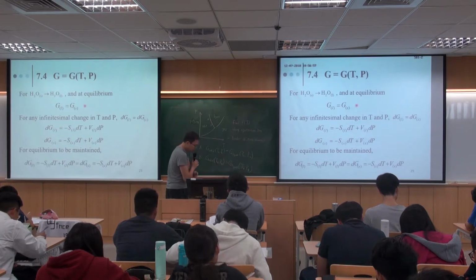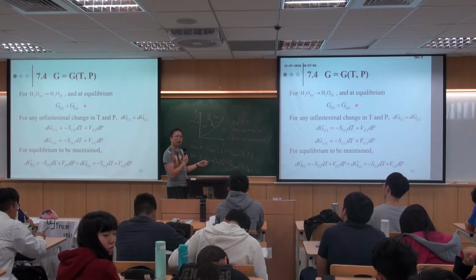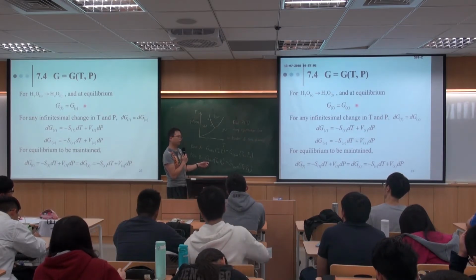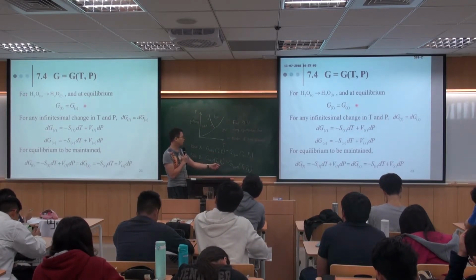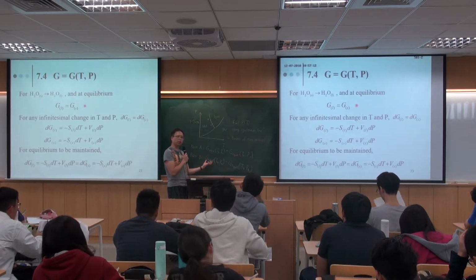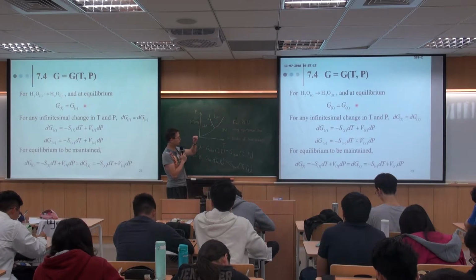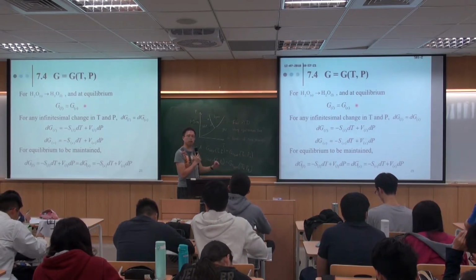But that does not necessarily mean that these two should be the same, right? And we know that it should be different because we already changed the temperature and pressure to a different value. So the Gibbs free energy of that solid phase should be different from the original point, but it should still be the same as the liquid one.